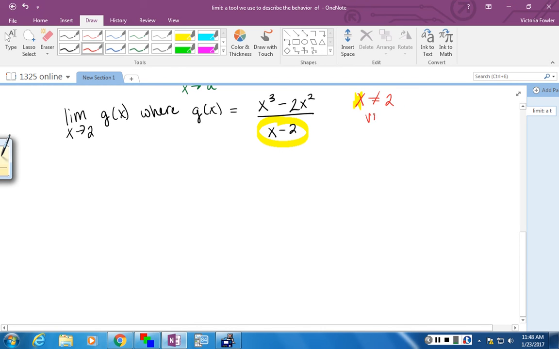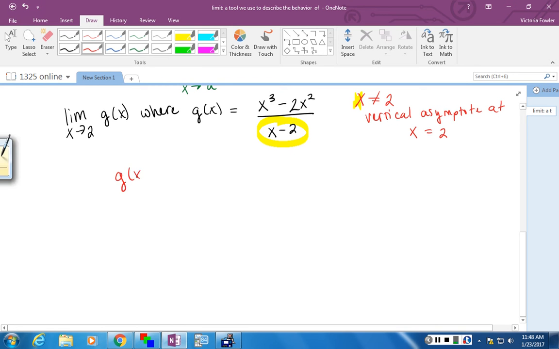So there's actually a vertical asymptote at x equals 2, and we could graph that. So let's approach this from the standpoint of algebraic simplification. And so let's analyze the function.